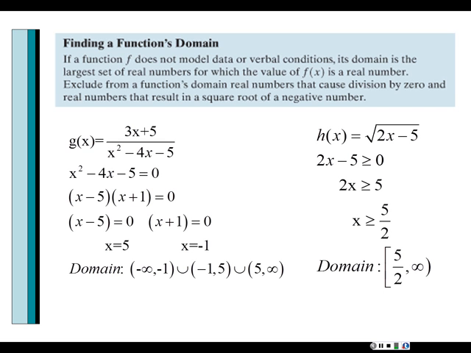Now can you guess right away some value of x for which f of x is undefined in our function? How about x equal to 0? Can you find f of x here if x equals 0? No. That means x equal to 0 is not the domain.